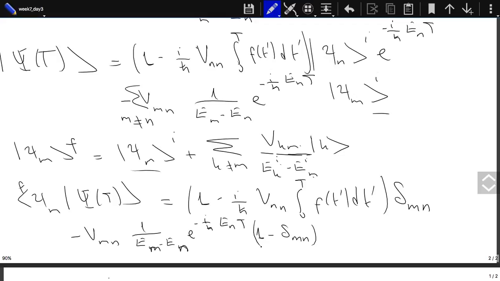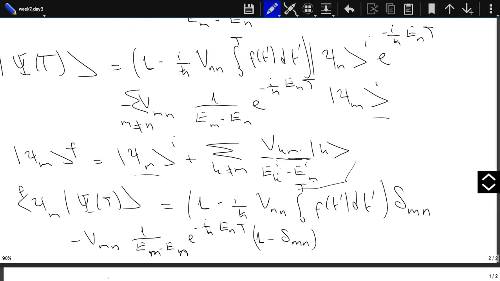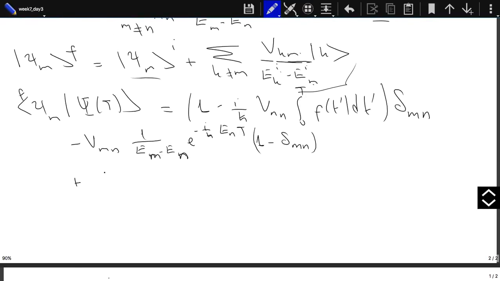And then we have a similar sum with this term over here and the first term in the expansion of the time-dependent wave function. Well, let's see, plus, okay, this and this one will give me the k is equal to n term, Vnm divided by En minus Em.